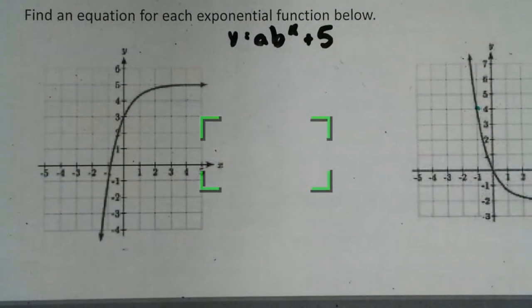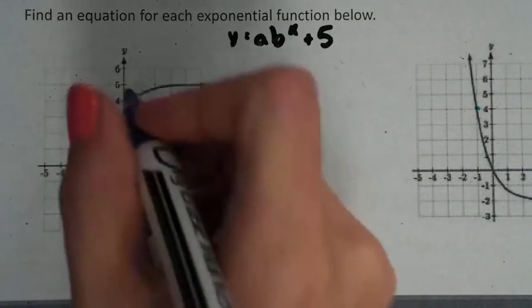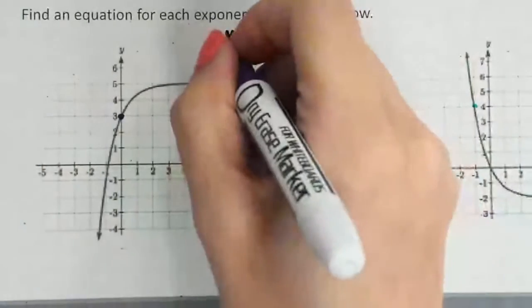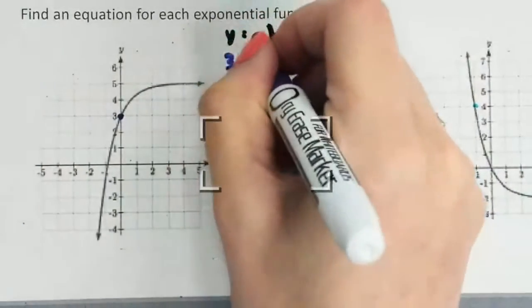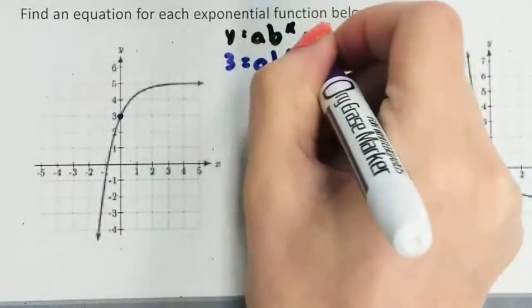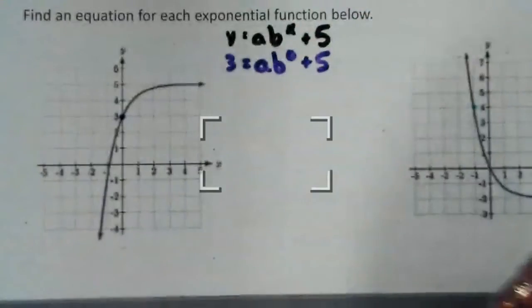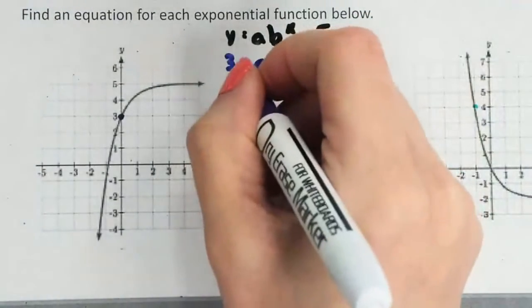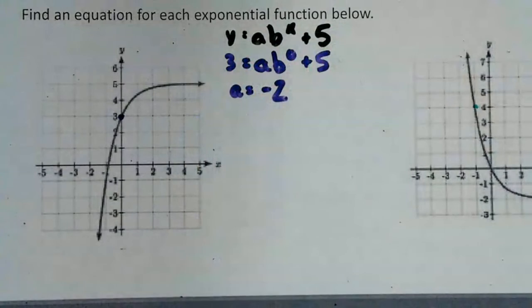I'm going to plug in my y-intercept, which is at 0, 3. So we get 3 equals ab to the 0 plus 5. If I subtract the 5 over, I get a is equal to -2.